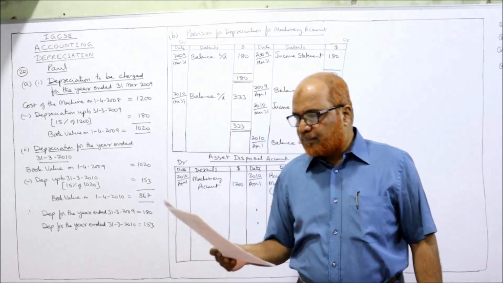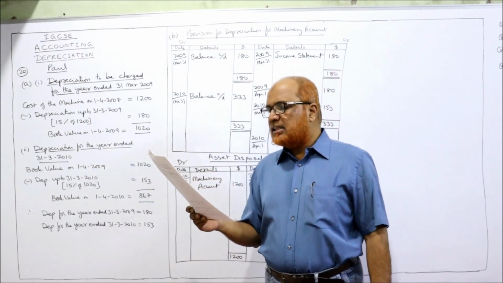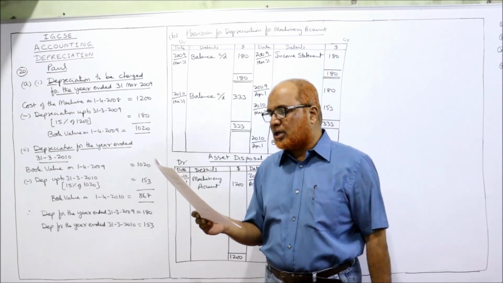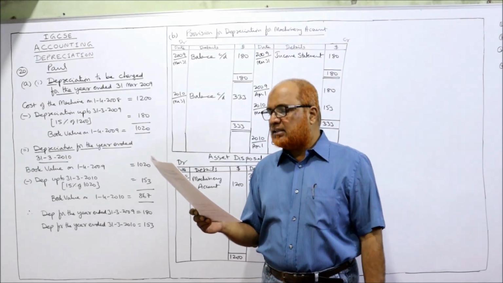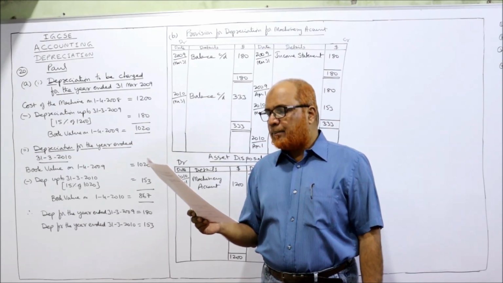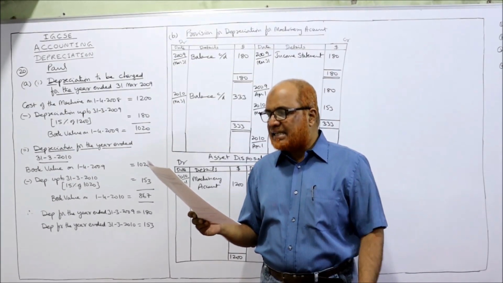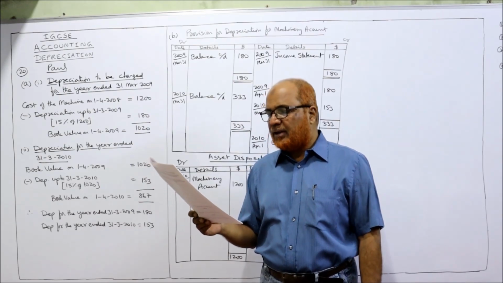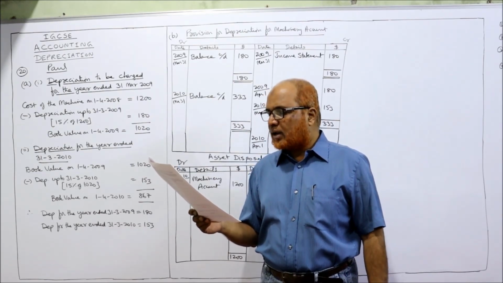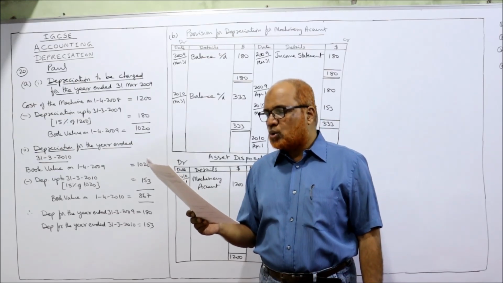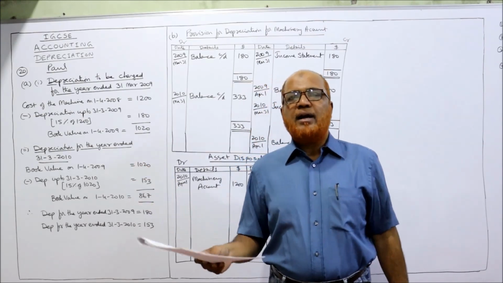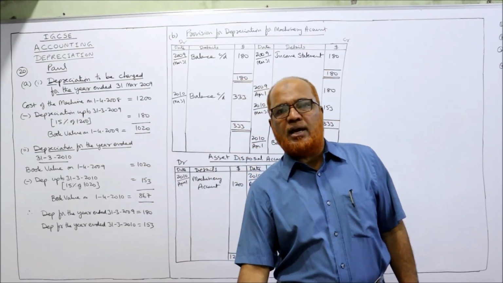Now the second question: show the entries in the provision for depreciation account for the machine in Paul's ledger for the 2 years ended 31st March 2010. Then on 1st April 2010, Paul sells the machine for $750. Required: show the entries in the disposal account to record the sale of the machine and show the transfer to income statement. First of all, we have to make one provision for depreciation account.